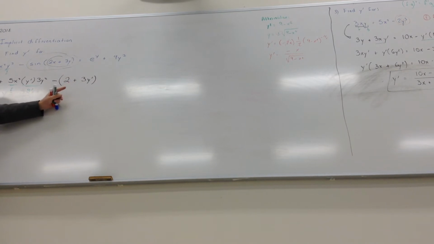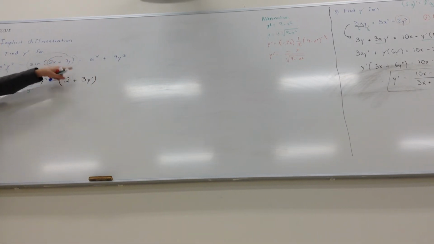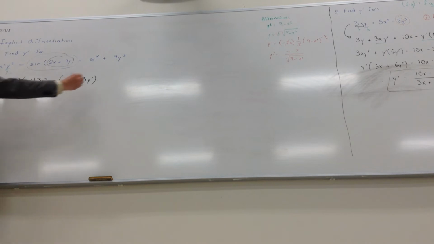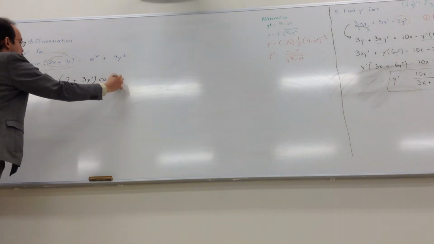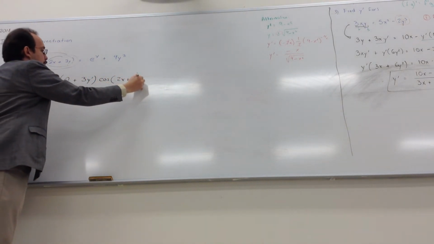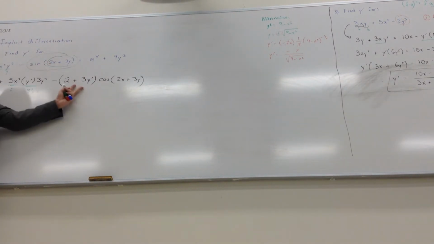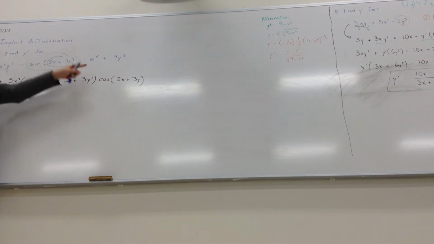Correct? Always chain rule. For the y is always chain rule. In this case y, derivative is y prime, and for 3y, derivative is 3. Times cosine of 2x plus 3y. Okay, it's a big chain rule for this one. Derivative for this and for that.